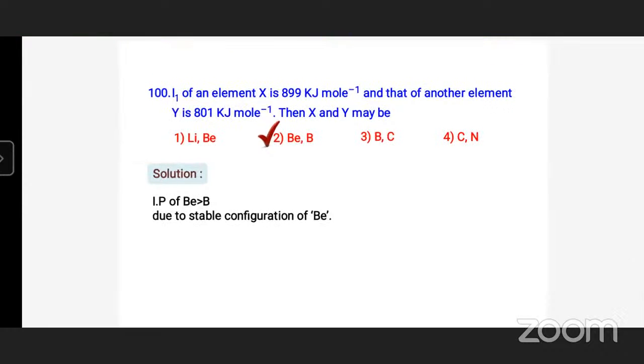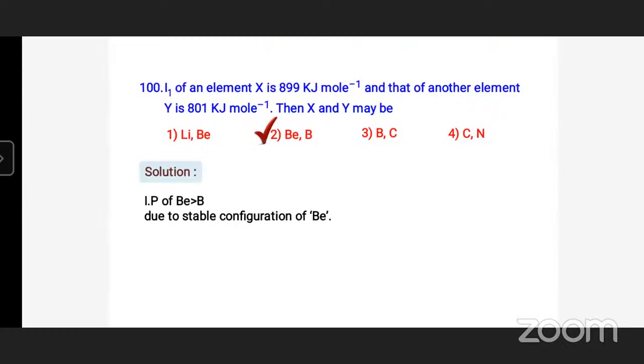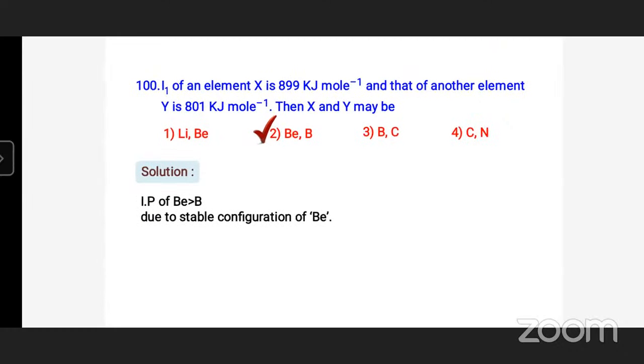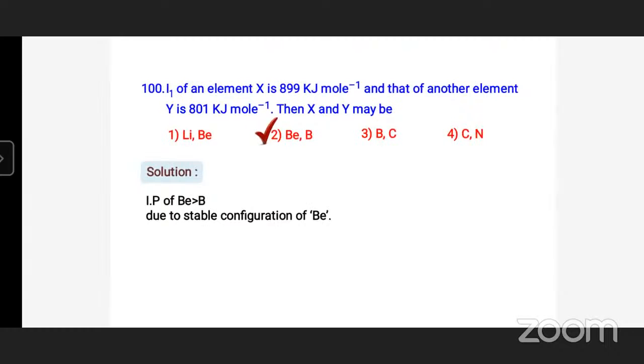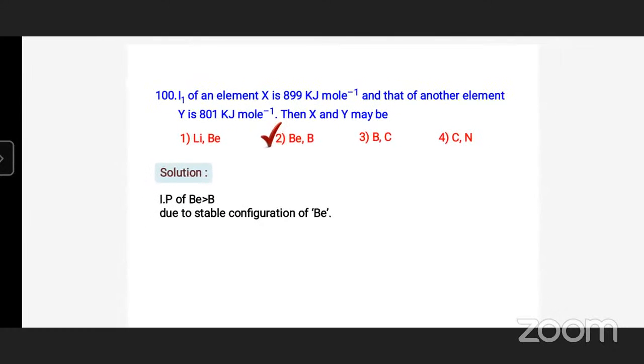I1 of an element X is 899 kilojoule per mole, and that of another element Y is 801 kilojoule per mole. Then X and Y may be: number one, lithium and beryllium; second option, beryllium and boron; third option, boron and carbon; fourth option, carbon and nitrogen.